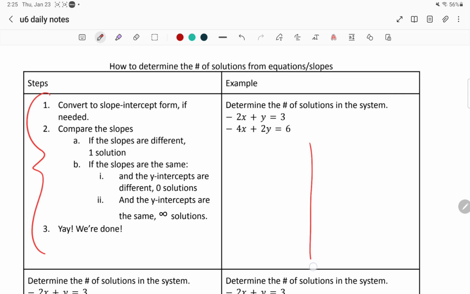To keep my work neat, I'm going to split this down the middle and rewrite my equations. We've been doing this for a while, so I'm going to do it relatively fast. Step 1 is convert to slope-intercept form. These are in standard form, and I need them to look like y equals mx plus b.